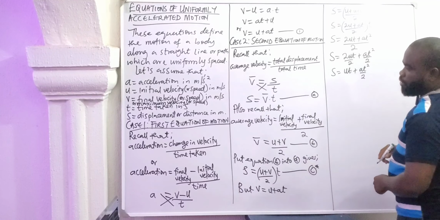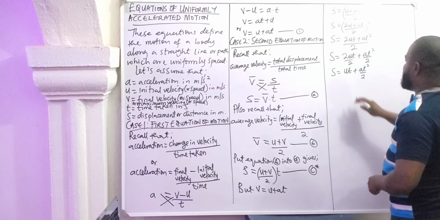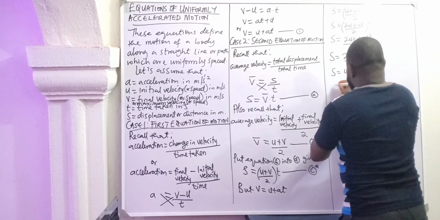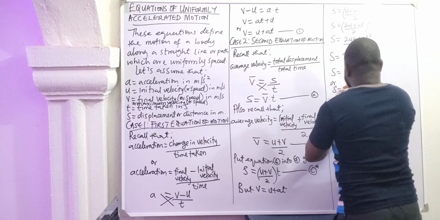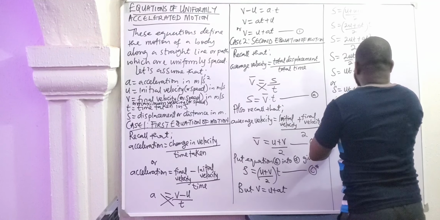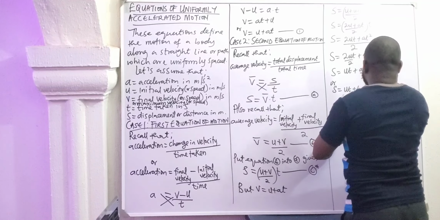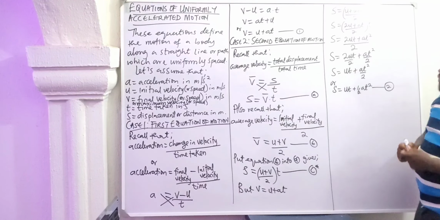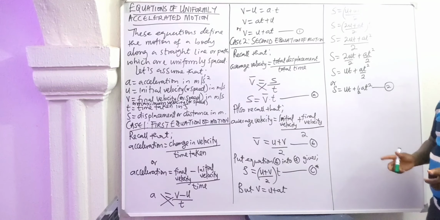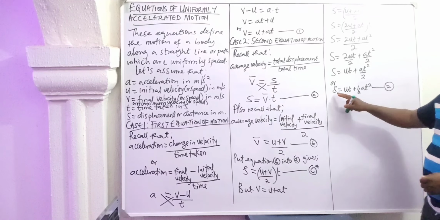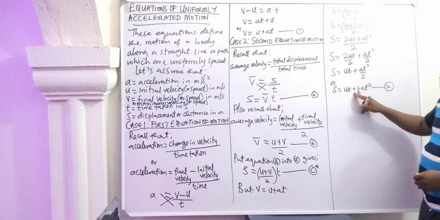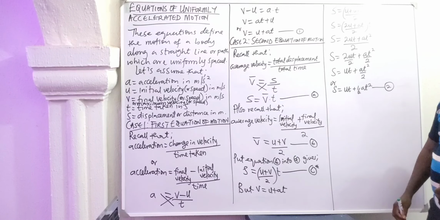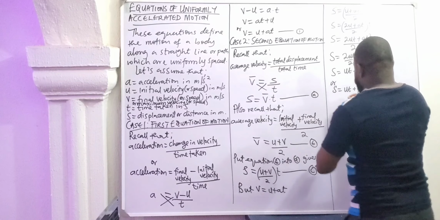The preferred way of writing this is given as s is equal to ut plus half at squared. So this is the second equation of motion. So if you are asked to state the second equation of motion, simply say s is equal to ut plus half at squared.